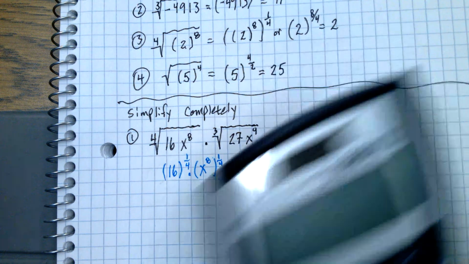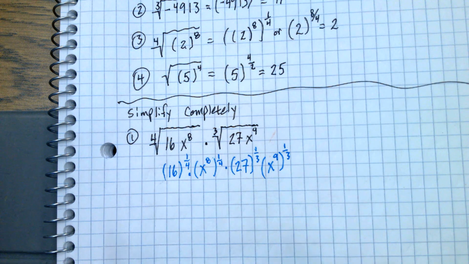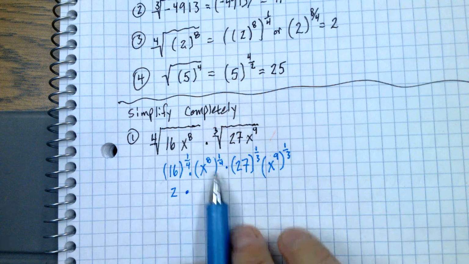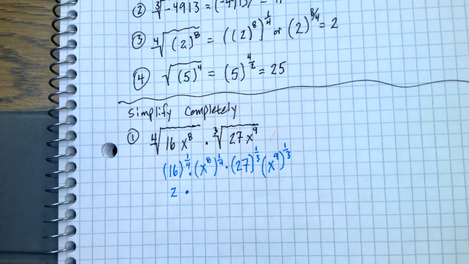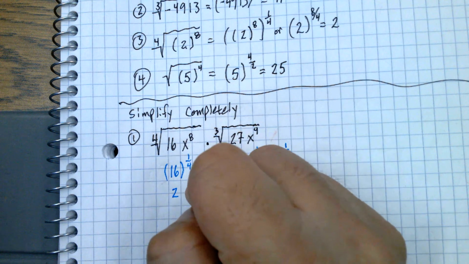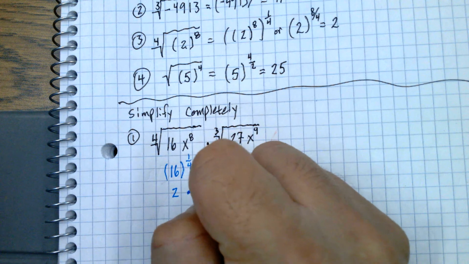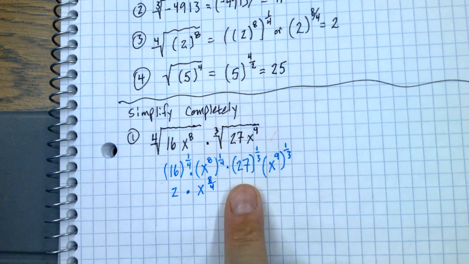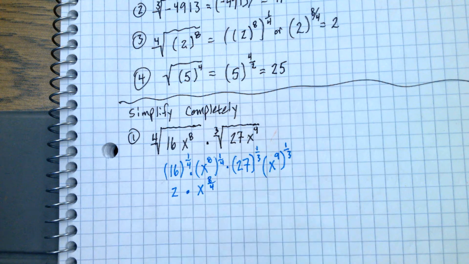And that just gives us 2. And then x to the 8th to the 1/4 is x to the 8/4. And then let's figure out 27 to the 1/3.